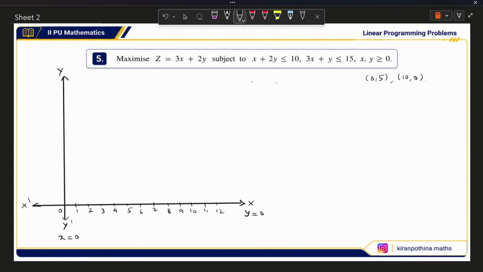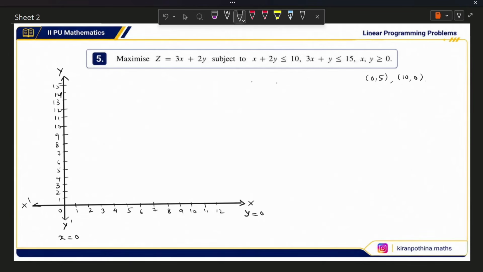According to our requirement, we will take the points. This is 1, 2, 3, 4, 5, 6, 7, 8, 9, 10, 11, 12, 13, 14. Till 15 we have a requirement, so I have taken till 15.